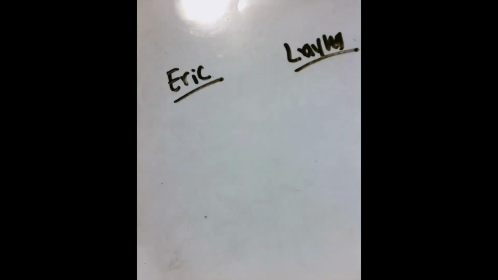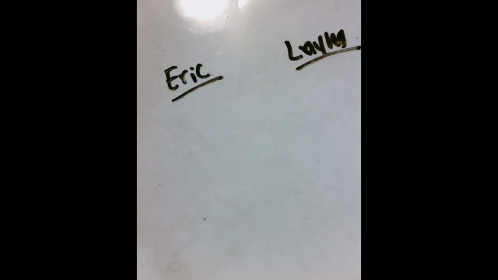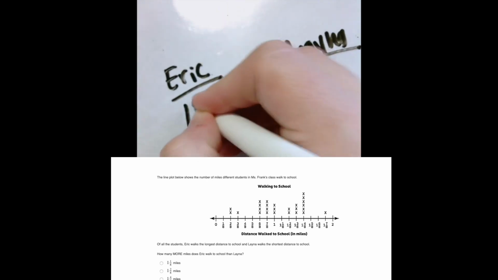Okay, going back up to read that question again, it says, of the students, Eric walks the longest distance. Looking at our line plot, the student that walked the longest distance walked 1 7/8 miles. Then it tells us that Lena walks the shortest distance to school.